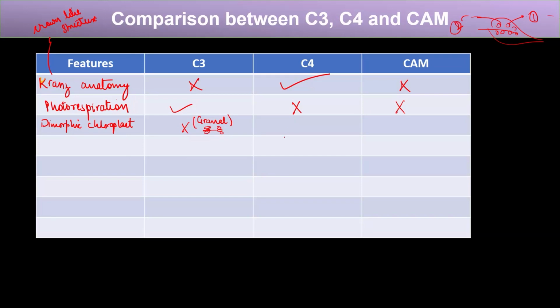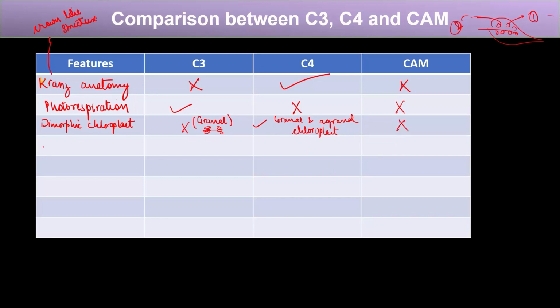While in the case of C4 plants, we saw dimorphic chloroplast because it has both granal and agranal chloroplast. Granal means the thylakoids stack together, while agranal means the thylakoids are just scattered in the chloroplast. And CAM has only one type of cell, the mesophyll cells, and these have granal chloroplast. So they do not have dimorphic chloroplast.